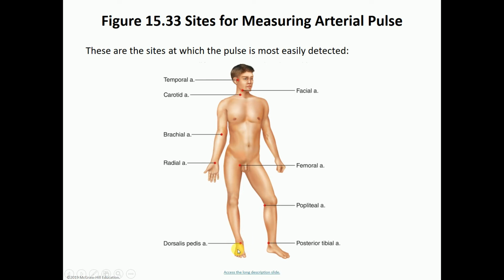If you cannot feel that, you want to go and make sure, well, maybe I can feel the popliteal artery and make sure that it is felt, meaning that there is blood flowing into the area. If I cannot feel that, I can go and check the femoral artery and see if there's any blood going into the lower limb. Coldness in the lower limb, tingling, and so on, especially in diabetic patients. And if you cannot feel these pulses, that is something of a red flag that you would need to further investigate.